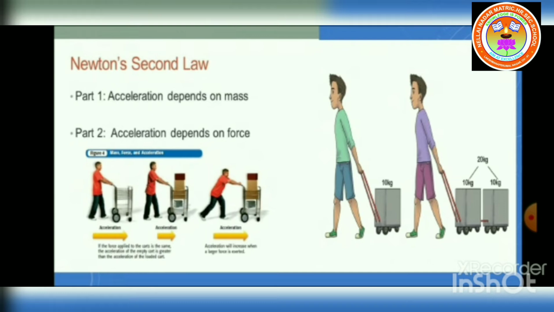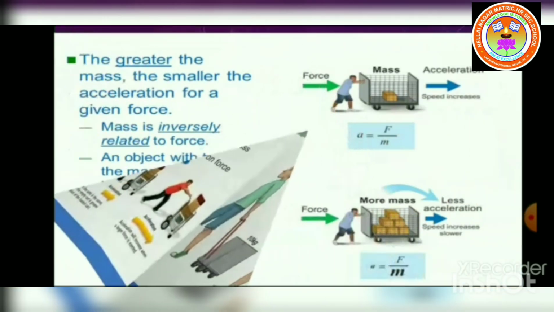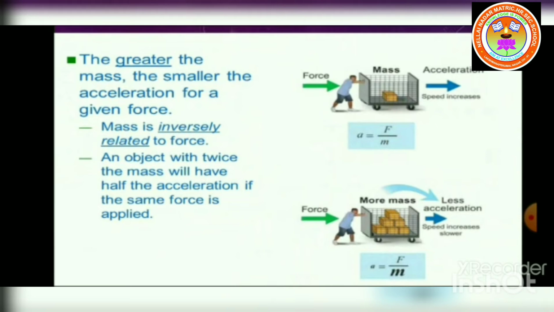If the force applied to the cart is the same, the acceleration of the empty cart is greater than the acceleration of the loaded cart. The acceleration will increase when a larger force is exerted. The greater the mass, the smaller the acceleration for a given force.